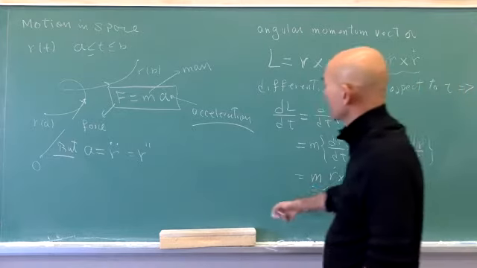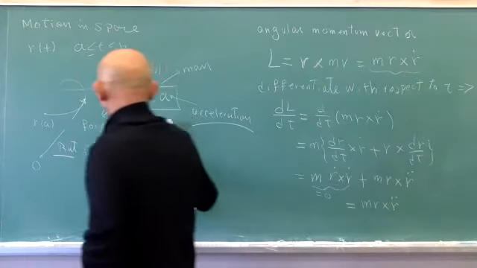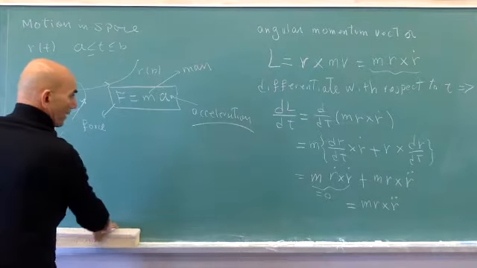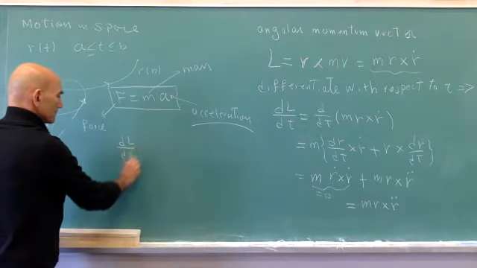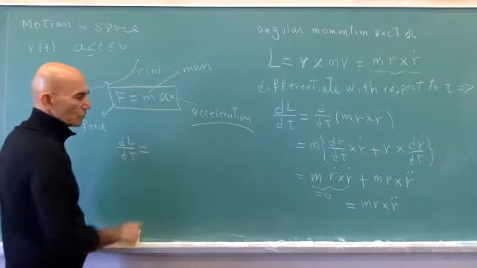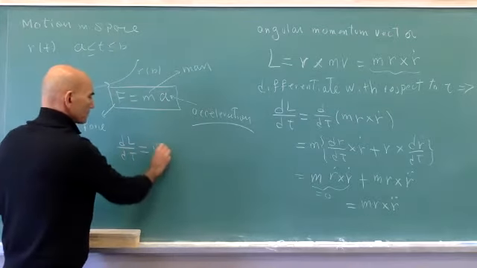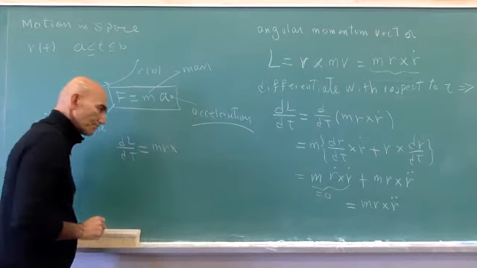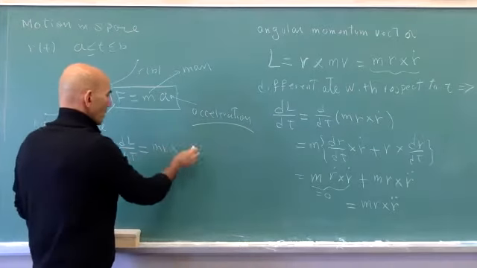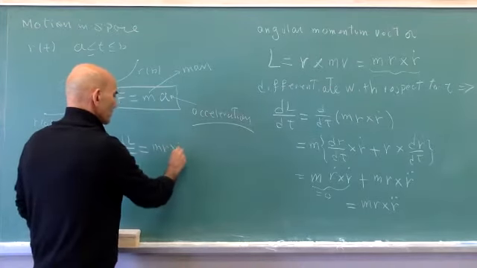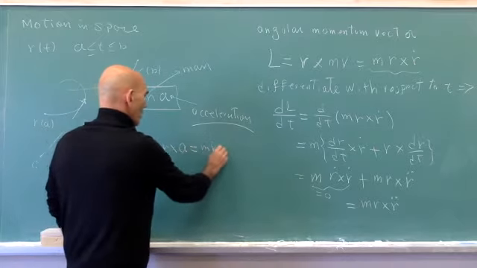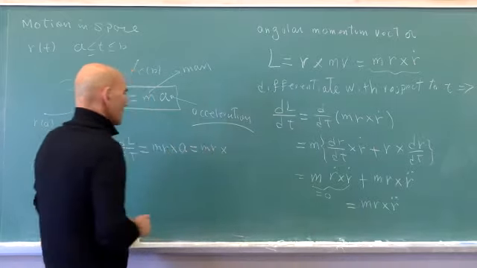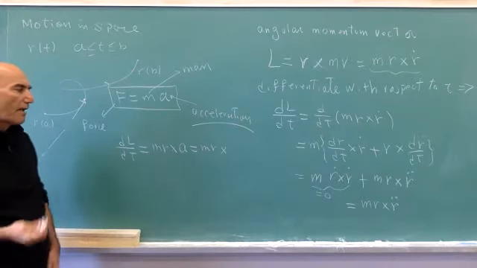Okay, so the equation that we derived is the following: dL/dt is equal to m r cross r double dot, which is acceleration. So that's equal to m r cross a. Now, what was F?